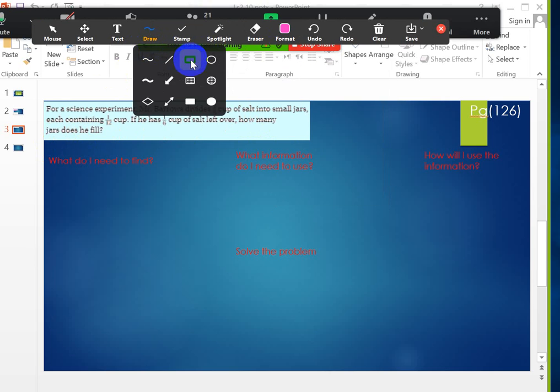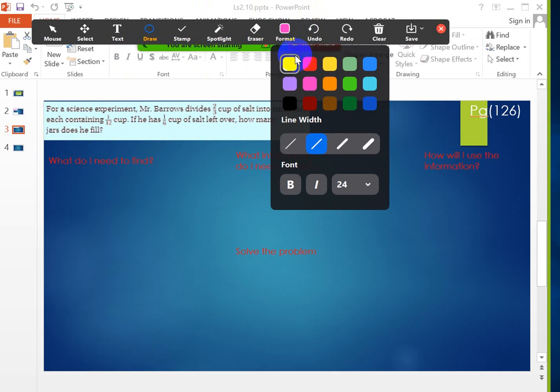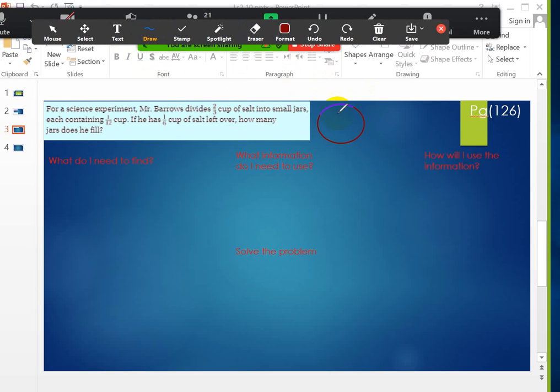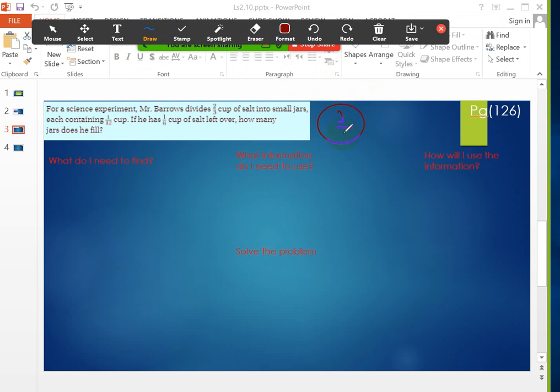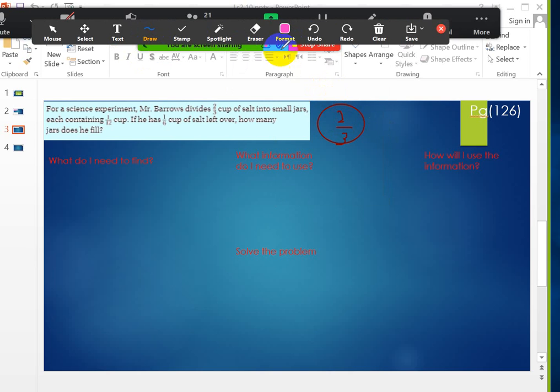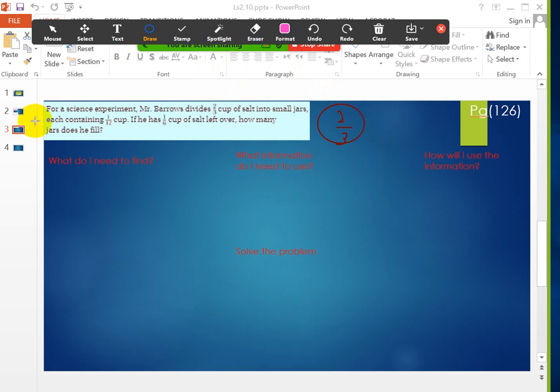So the idea here is that Mr. Parros has an amount of salt. This amount is 2/3. He wanted to divide this amount of salt into many containers. Each container will take 1/12.